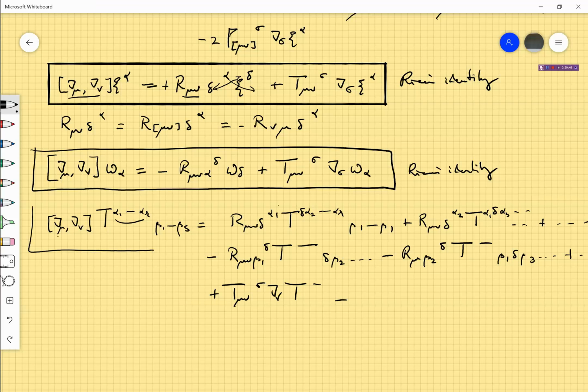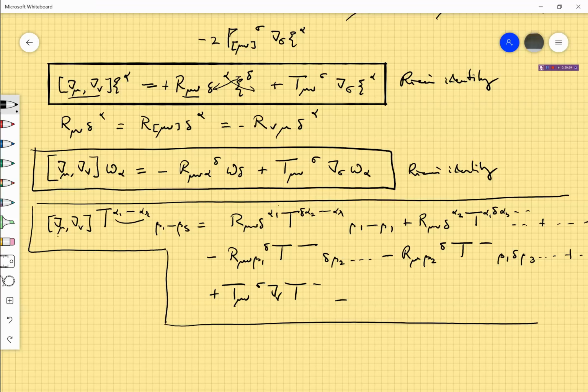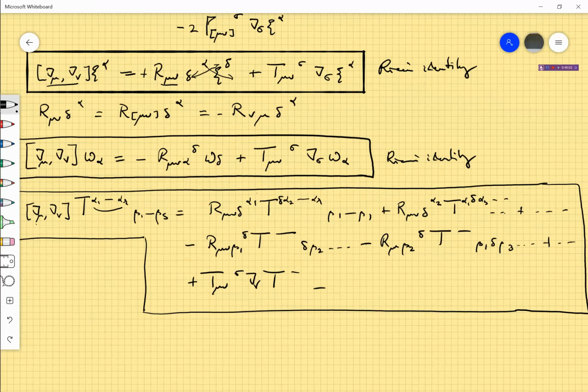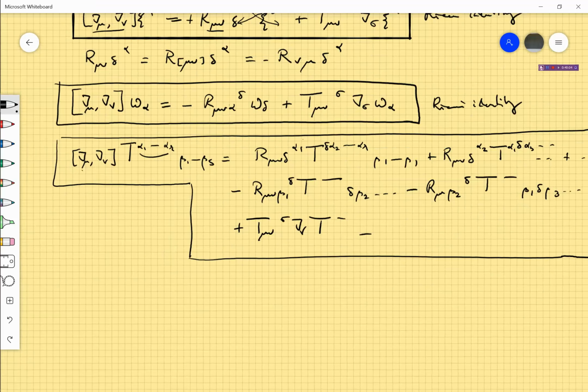Okay, so this is the result. And apart from helping us to prove that the torsion and the curvature are really tensors in spite of their complicated form in terms of the connection, Ricci identities are very useful because they are going to help us prove very important identities, which are called Bianchi identities.